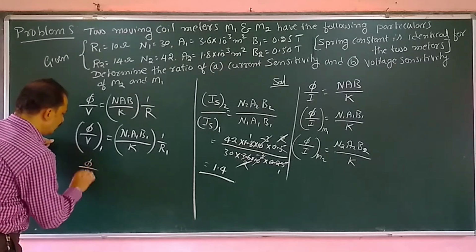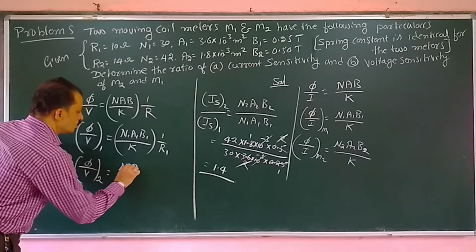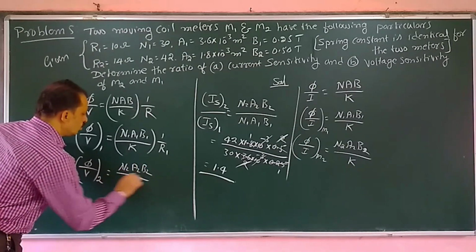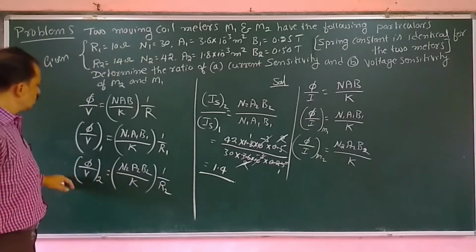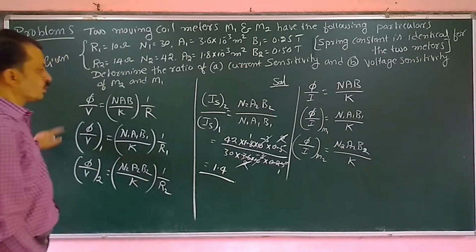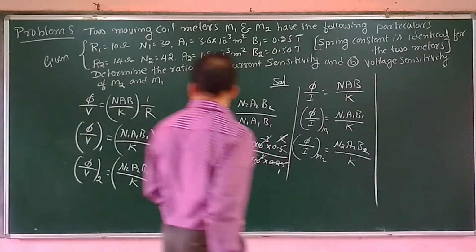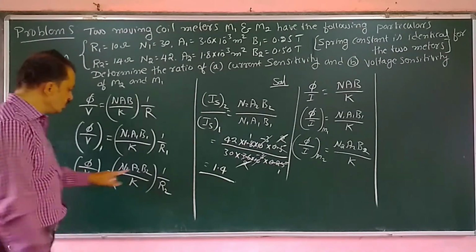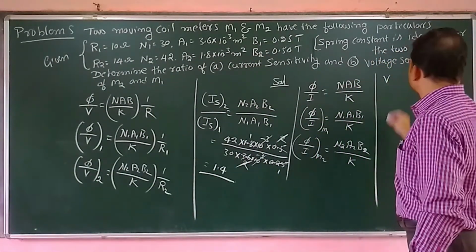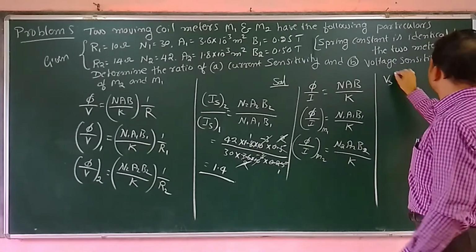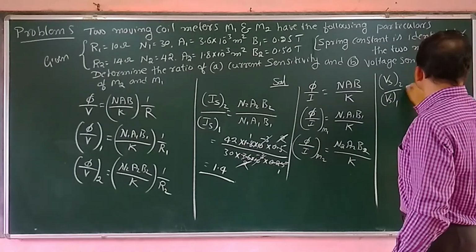For the second meter, it is N2 A2 B2 by K, 1 by R2. Now take the ratio of these two. Taking the ratio, I will write it as voltage sensitivity for the second meter to the voltage sensitivity for the first meter.